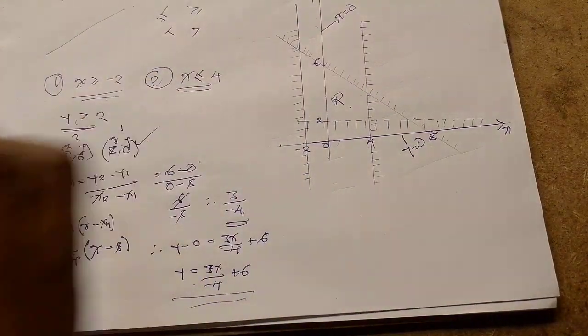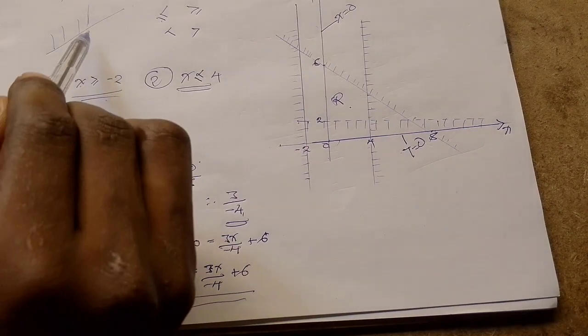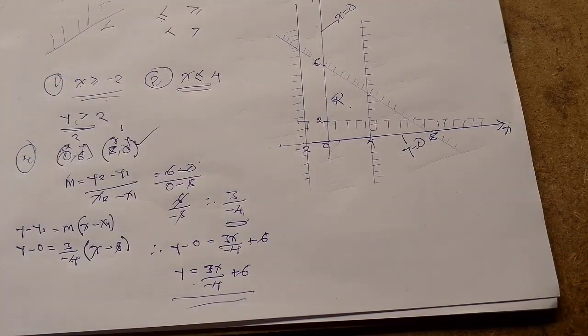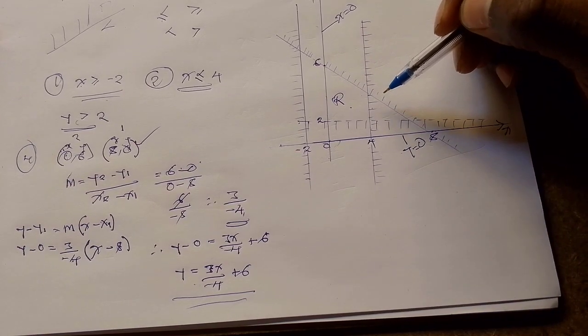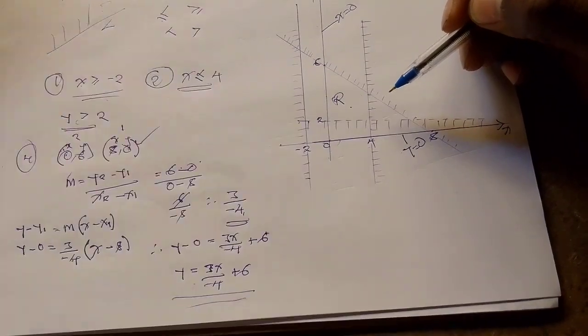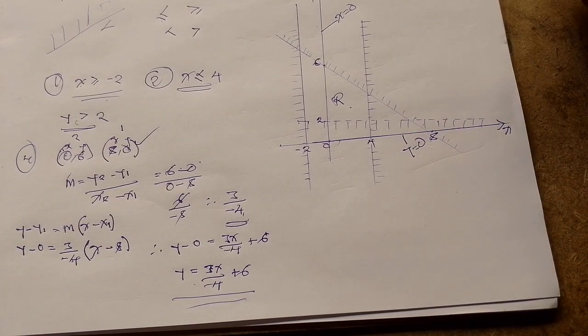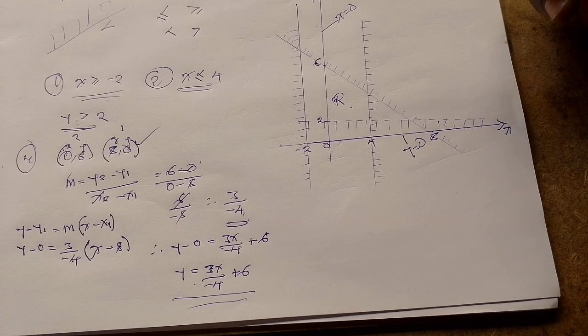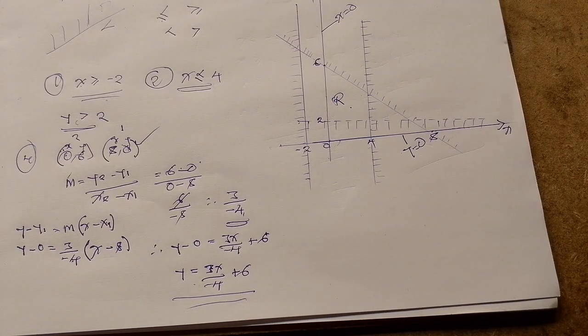Remember that when the line is slant, this part is always greater. So we have greater and lesser part. Since this line is slant, what I'm going to do now is to see which side is shaded, and at the same time if it is dotted or solid. So the line is solid.